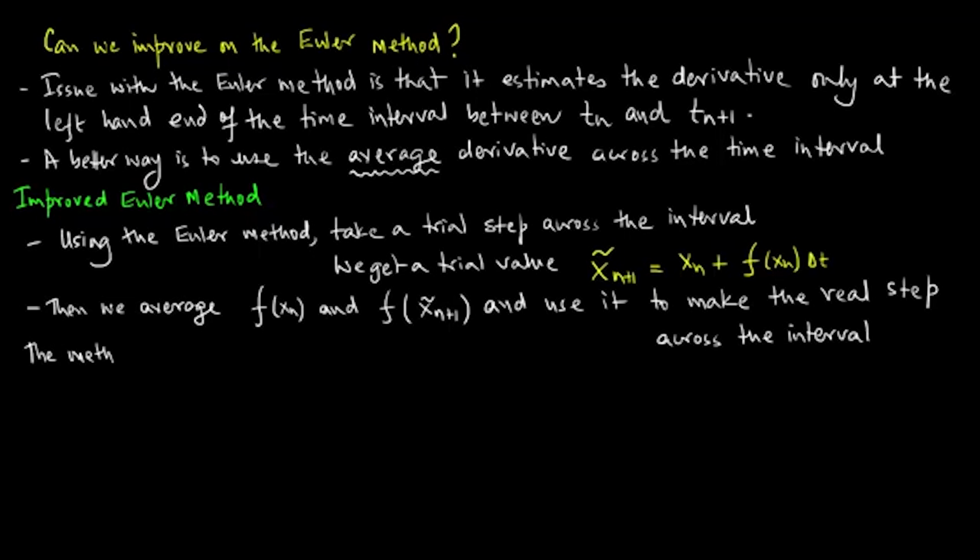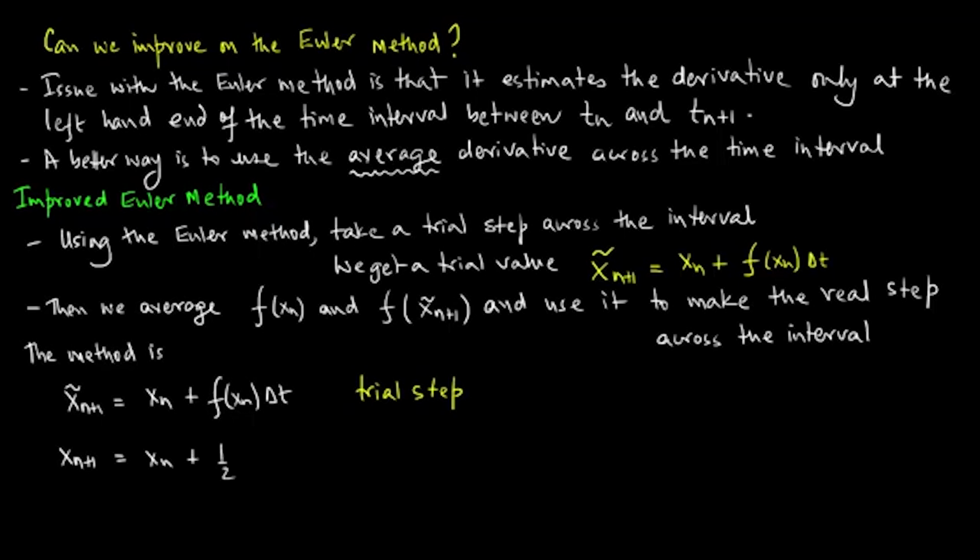The method is as follows. X tilde n plus 1 is equal to xn plus f of xn times delta t, which is the trial step. Then xn plus 1 is equal to xn plus a half of f of xn plus f of x tilde n plus 1 times delta t, and this is the actual step.